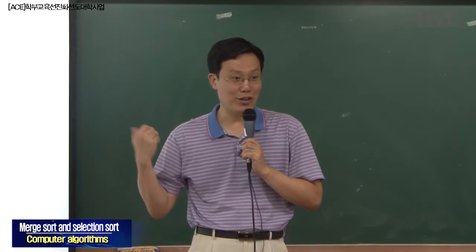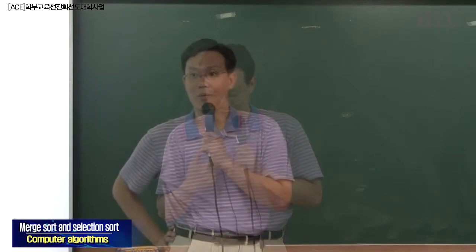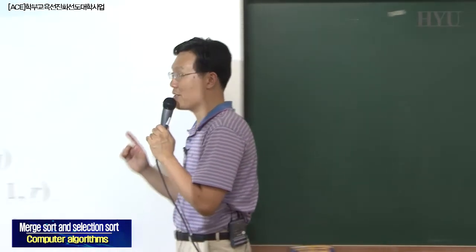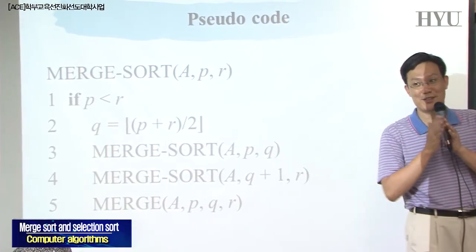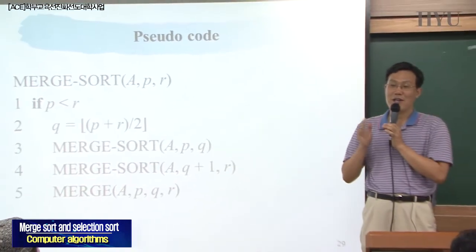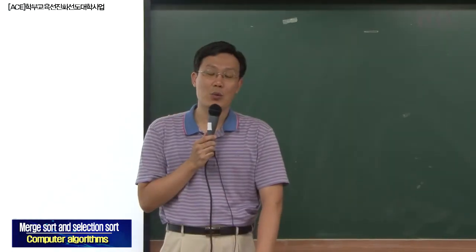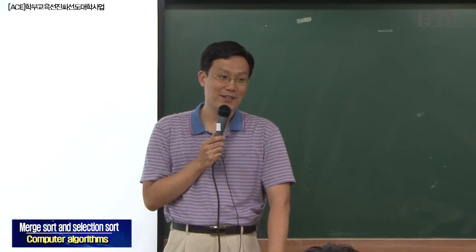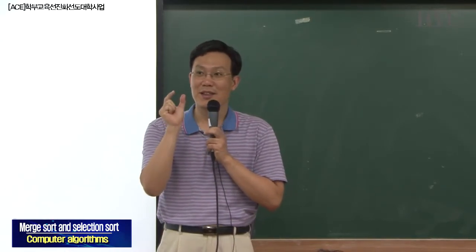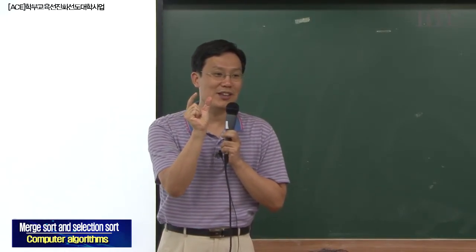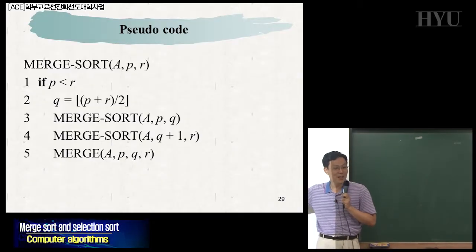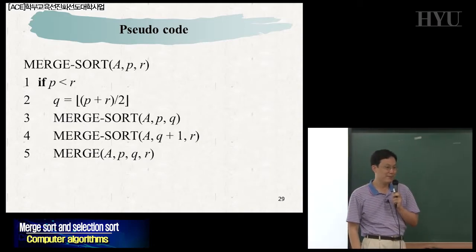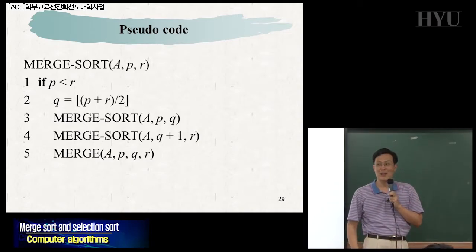That won't occur. What is the exceptional case when the if statement isn't satisfied? If P equals R, it means there is only one key in the array. This part isn't performed because it is already sorted.